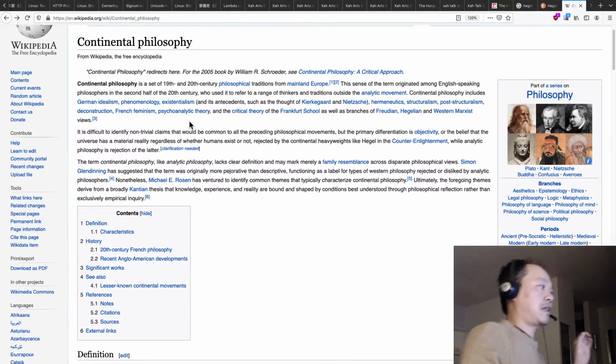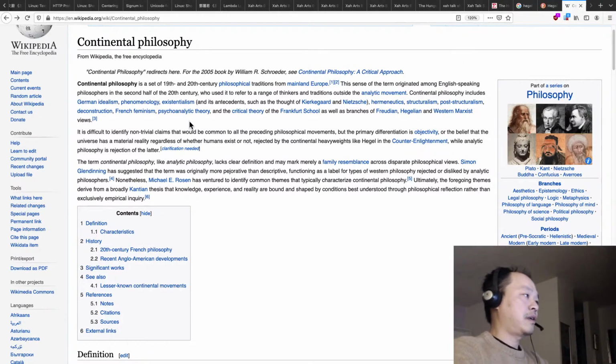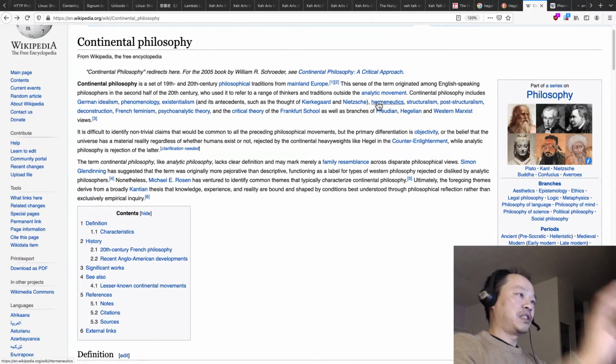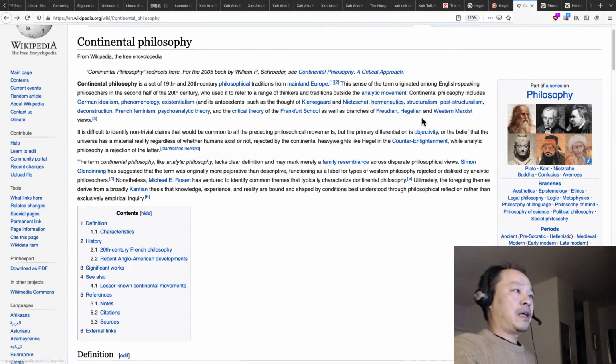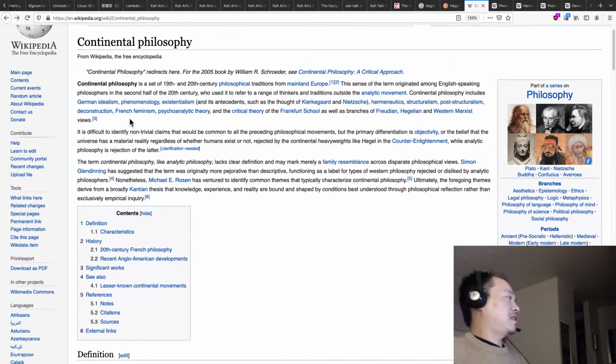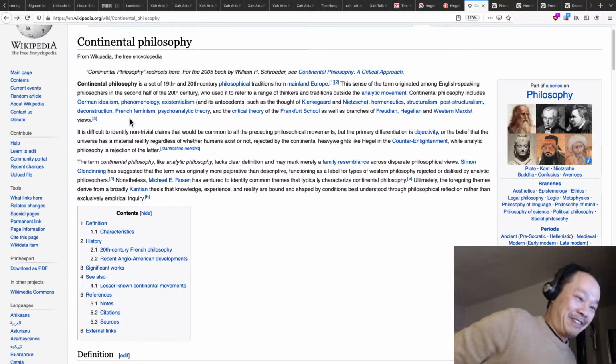One is phenomenology, and hermeneutics. Also there are others: post-structuralism, which is getting closer to today, and deconstruction. So what is deconstruction? Basically, they just want to attack you. That's what deconstruction is.